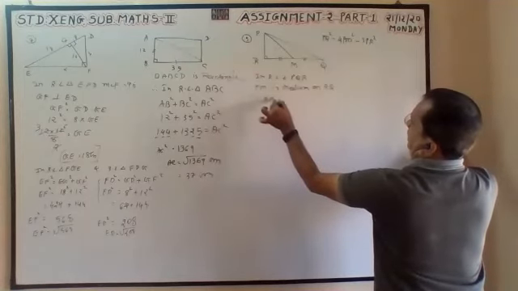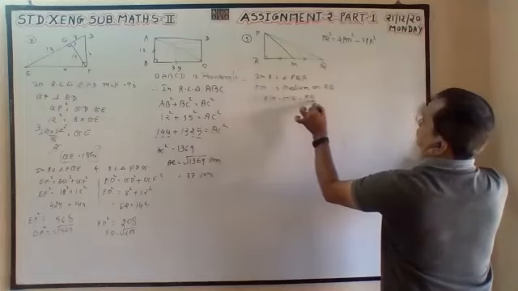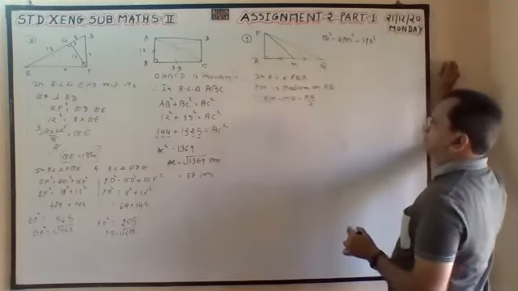Therefore, RM is equal to MQ is equal to RQ by 2.